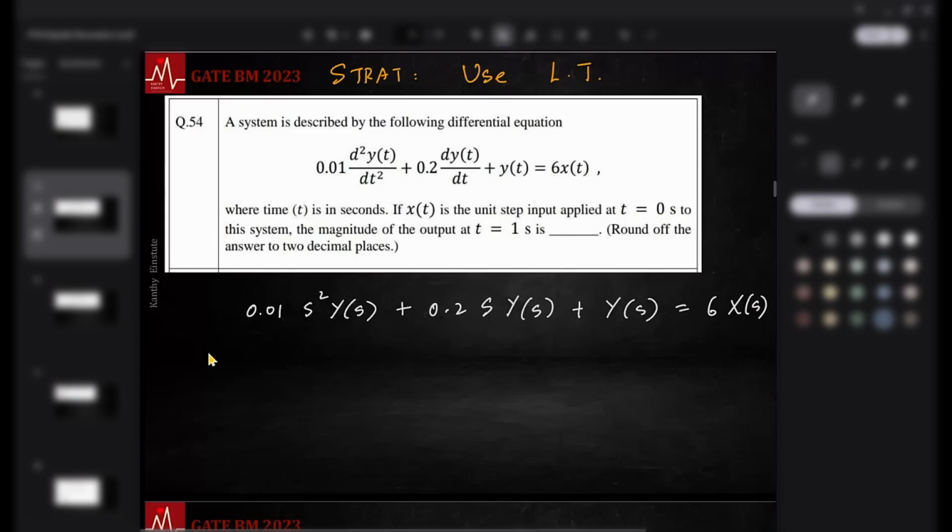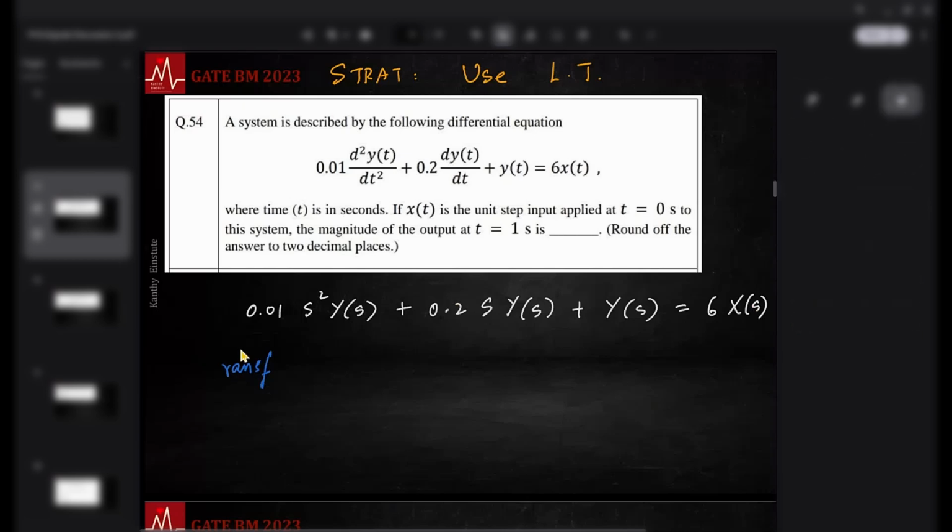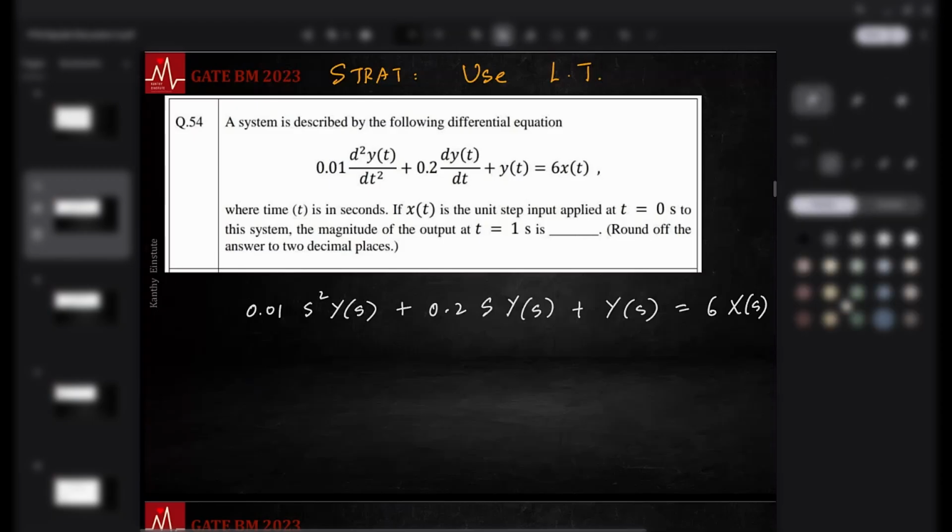As a side step, can you actually tell me what the transfer function is? Not required, but can you write down the transfer function? Let me write that as a side step. This is not part of the solution. Note the transfer function T of s.